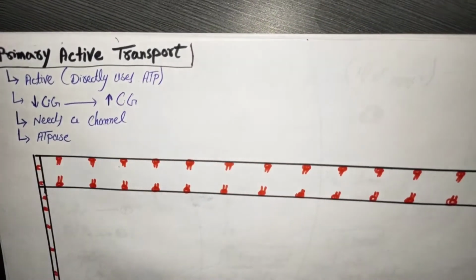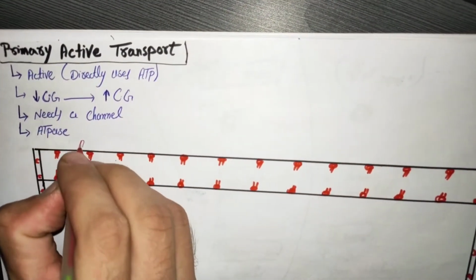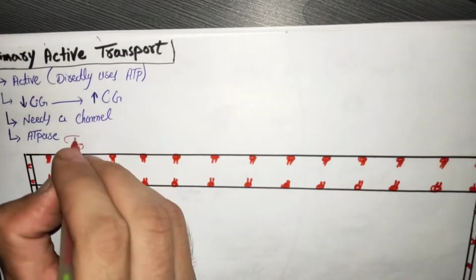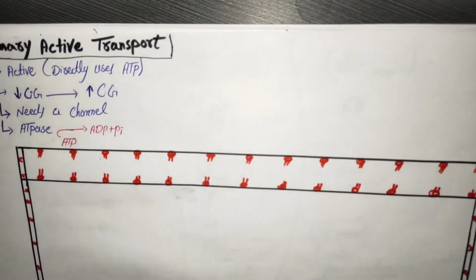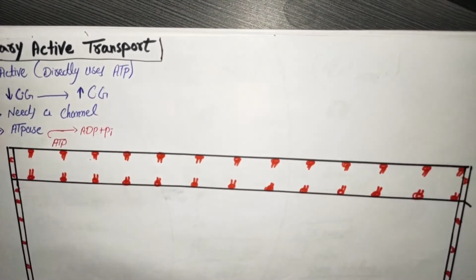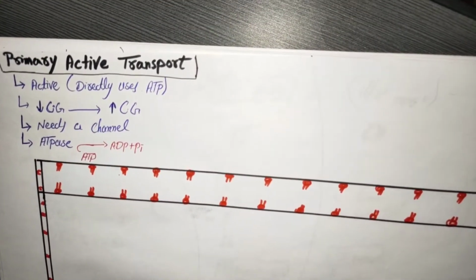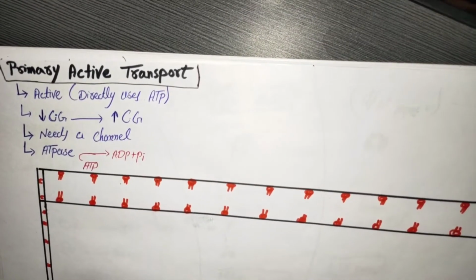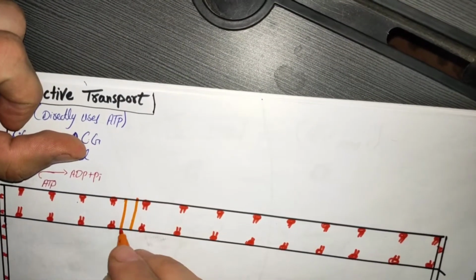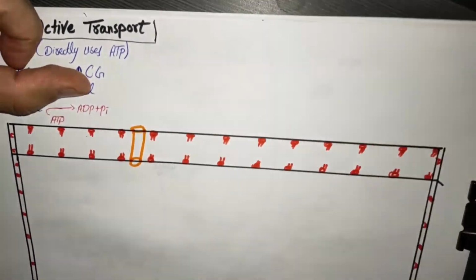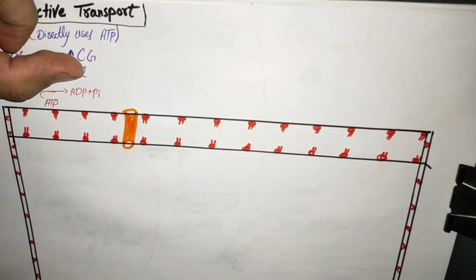ATPase enzyme converts ATP into ADP and inorganic phosphate. So now let's first start with the first channel, which is by the name of sodium potassium ATPase.